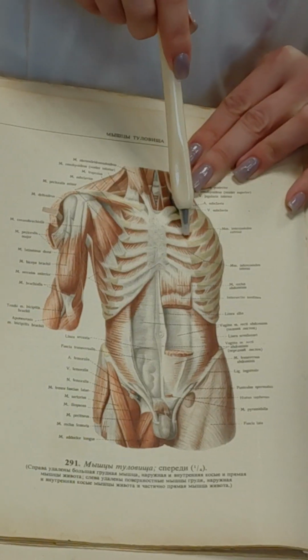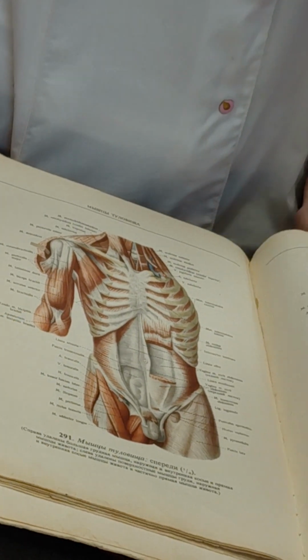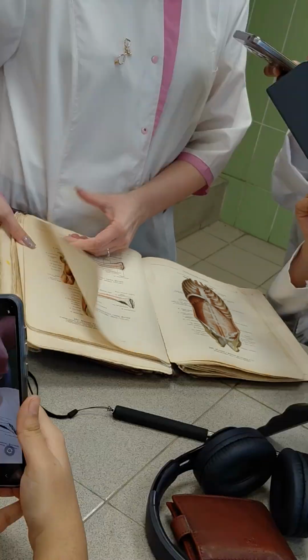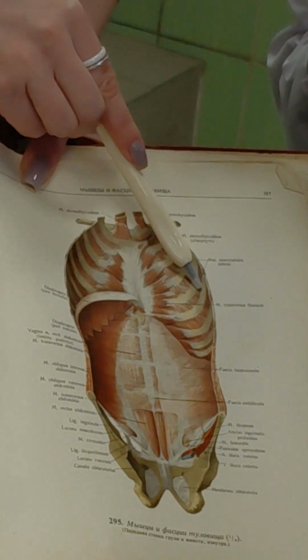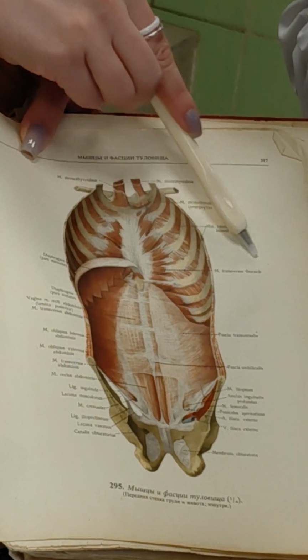Membrana intercostalis externa. These are the first two deep muscles, and the next muscle we have is musculus transversus thoracis.